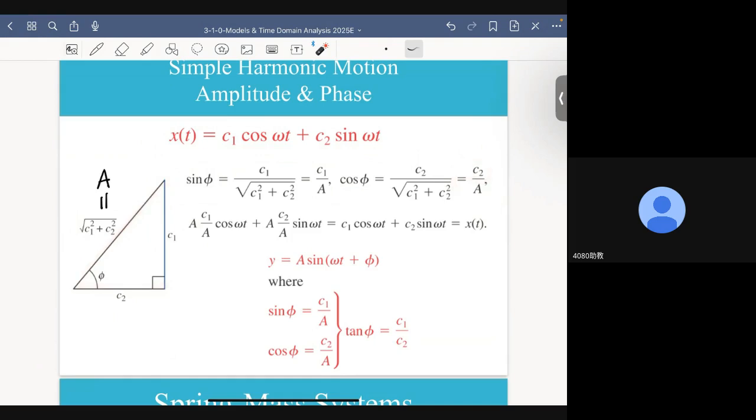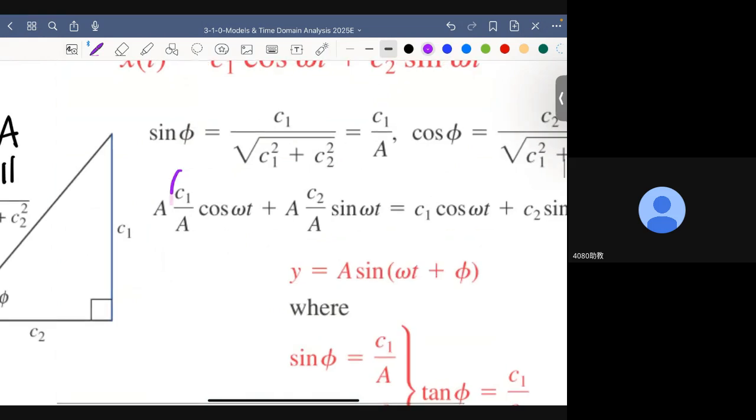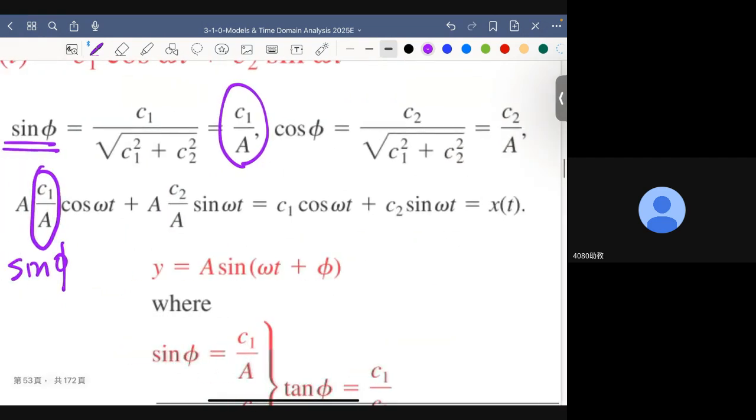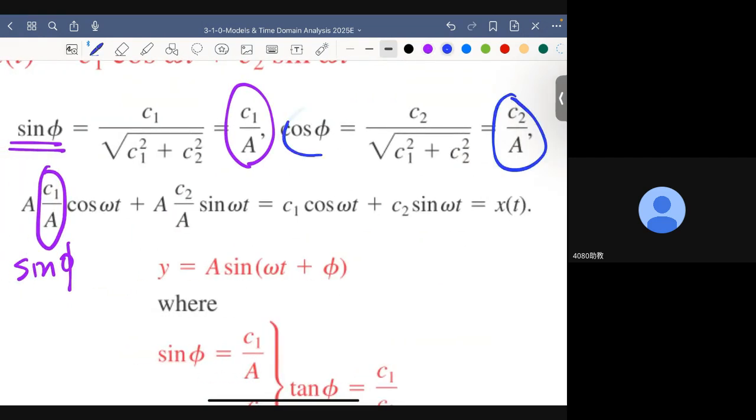Okay. Now, let's rewrite this representation as this. We multiply everything by A, and then we divide everything by A. The reason we want to do this is that C1 over A is actually sine phi. Similarly, C2 over A is actually cosine phi.